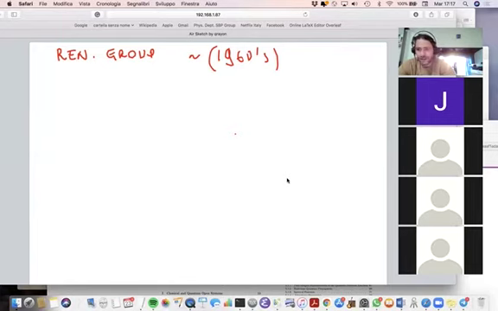Likewise, like I said before, the dipole expansion, the multipole expansion of electrostatics, is a form of renormalization group, as I will show you. So the renormalization group, more than a mathematical process, is really conceptual.